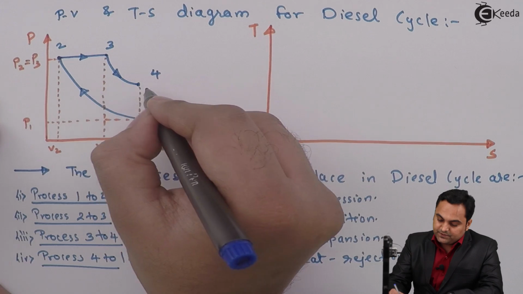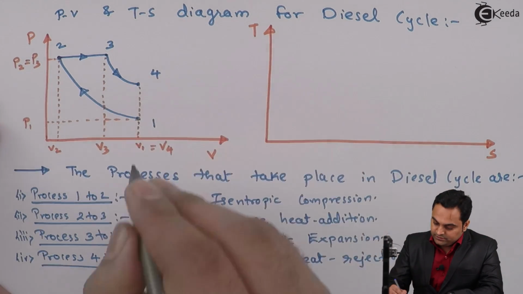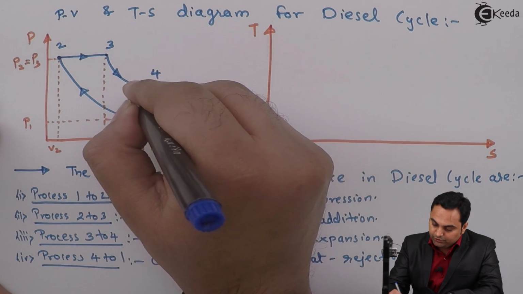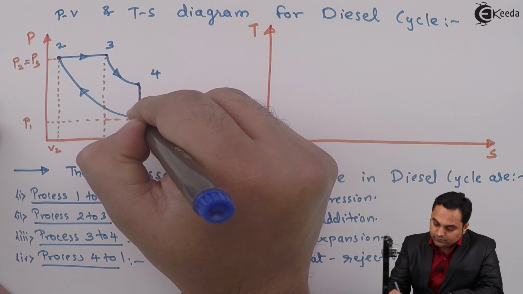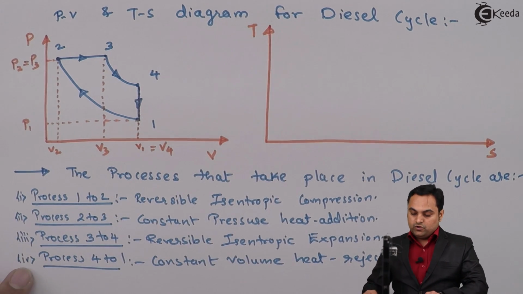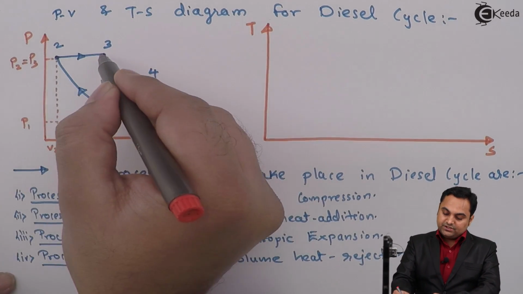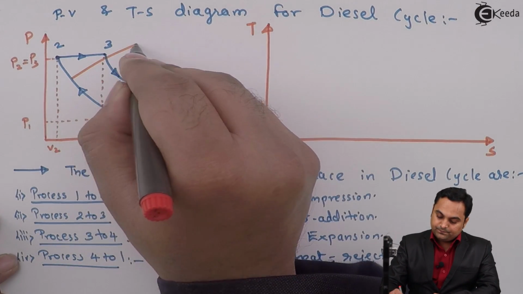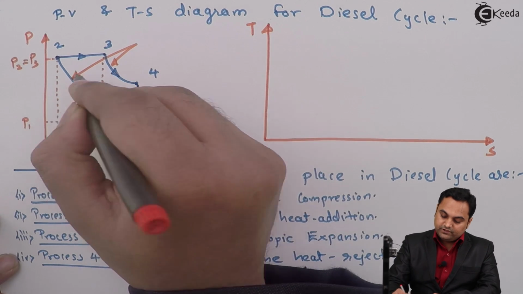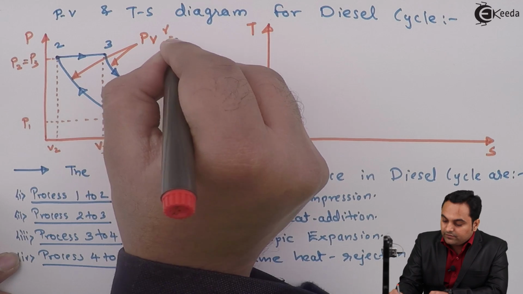So this is the expansion process, wherein there is increase in volume, decrease in pressure. Next, process 4 to 1 is constant volume heat rejection. So heat gets rejected, keeping the volume constant. V1 is equal to V4. Next, as there is isentropic compression, isentropic expansion, this curve follows the law PV raised to gamma is equal to constant.